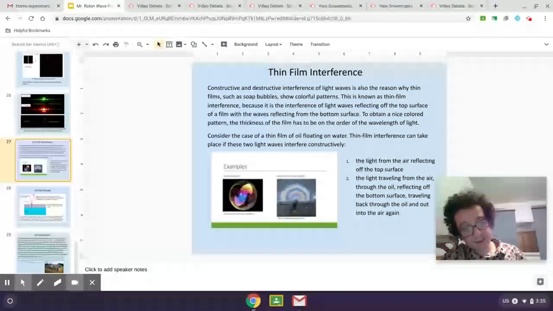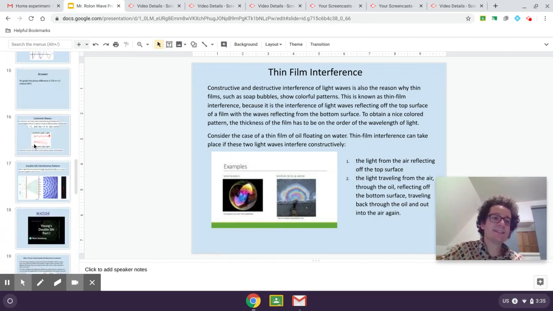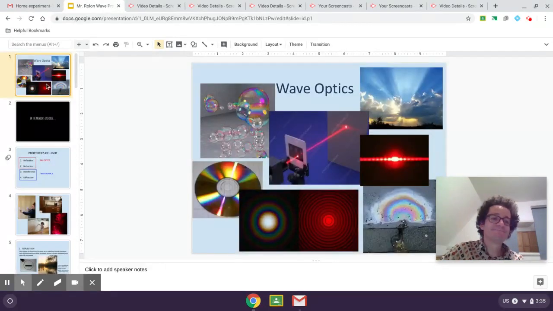You're going to see that these beautiful rainbow colors that we see in bubbles or in oil are not really rainbows, because they're not created by dispersion of light but by interference, same as CDs. They're not rainbows because it's not dispersion, it's interference.